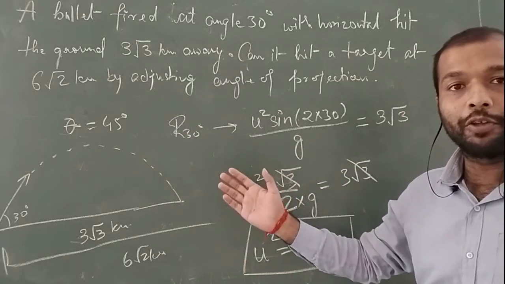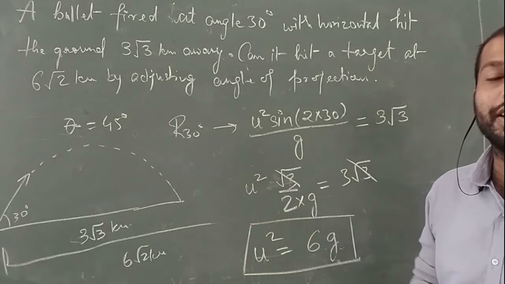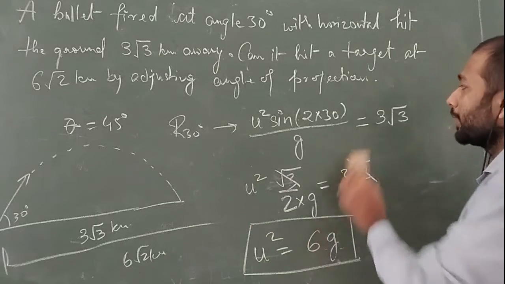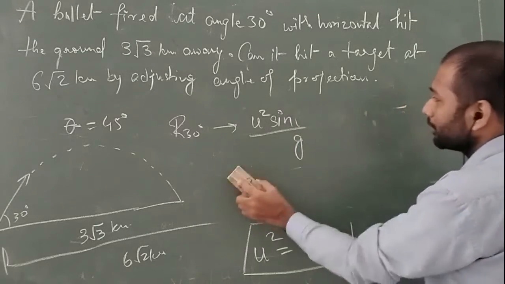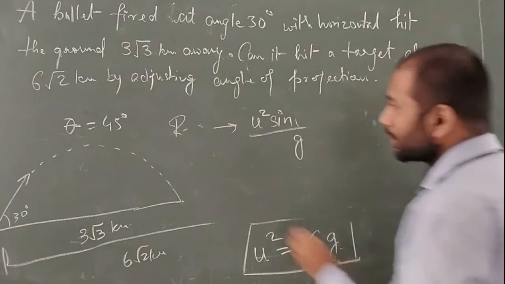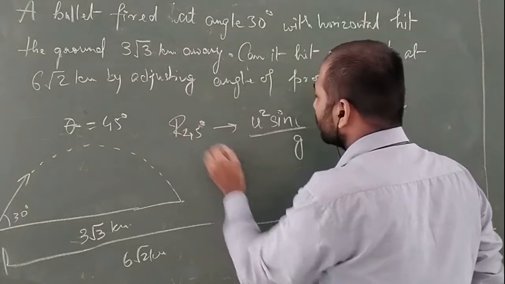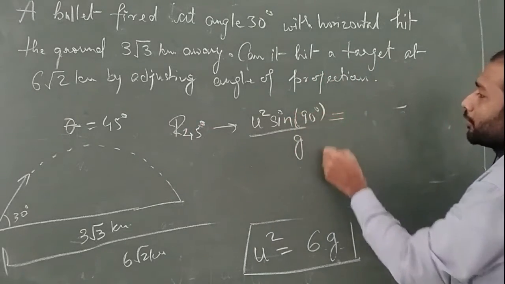So let's put the value of theta, let's use this value of u square, and let's see what is the range that we can actually make. The formula will be same, just I am moving some terms. So this is now at 45 degree. You know at 45 degree this will become 90 degree, and this will be equal to what?